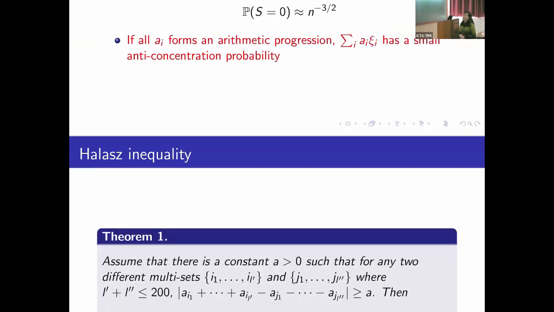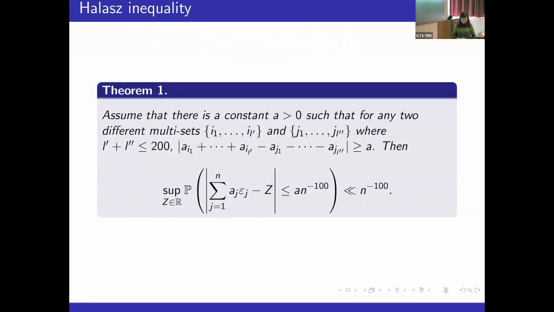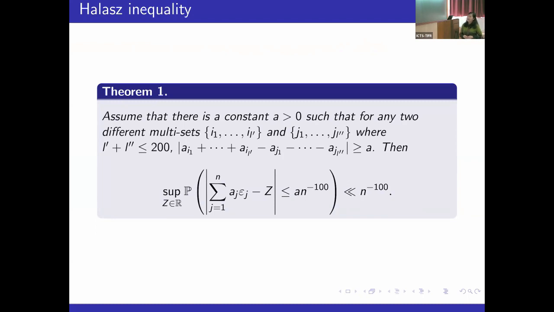And Halász generalized this observation to the so-called Halász inequality. It says that if you look at the sum of A_i epsilon_i, where I wrote epsilon_i instead of C_i to emphasize that this is for plus minus 1 random variables, and if you want the error term to be n to the negative 100, and any combination of 200 A_i's is always larger than some constant, then the anti-concentration probability will be good, smaller than n to the negative 100.